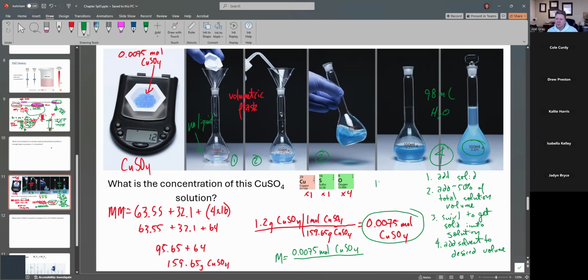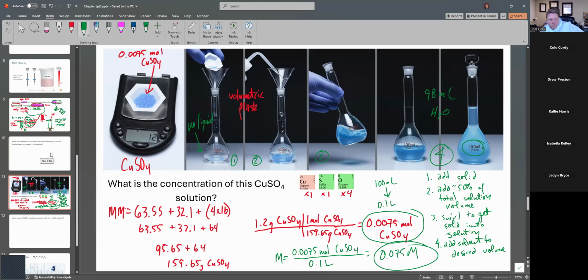Our volume is 100 milliliters. We need this to be in liters of solution, so 0.1 liters. So we divide 0.0075 by 0.1, and we get 0.075 molar. That is the correct answer to this question.